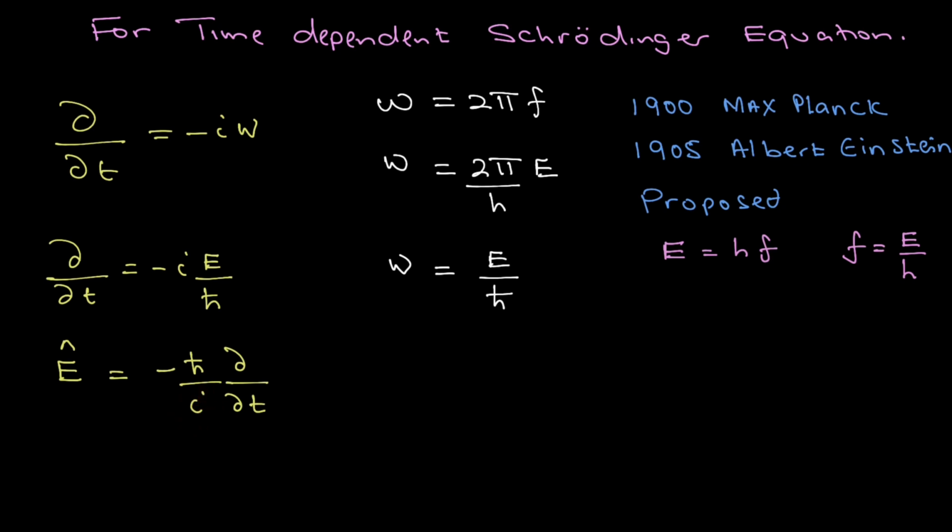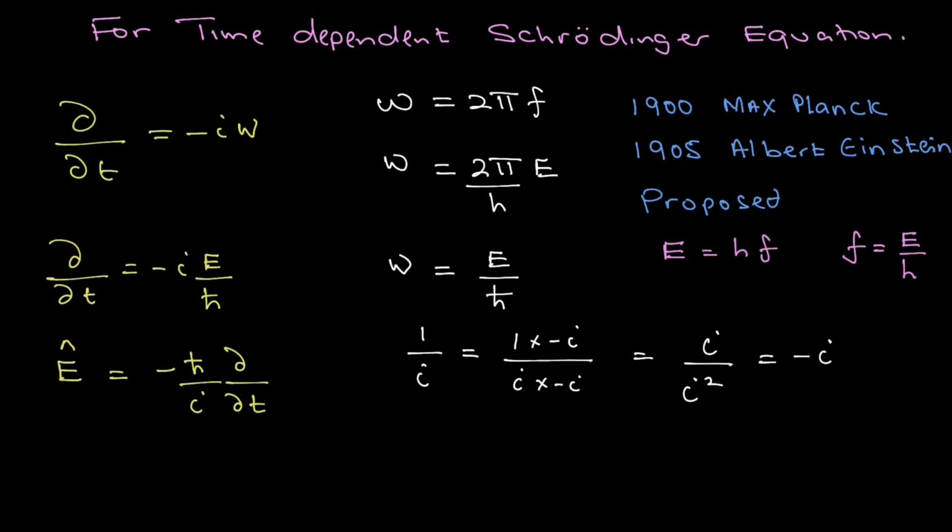So let's look at 1 over i, and that would be multiplied by 1 times minus i, the conjugate of i, divided by i times minus i. And minus divided by minus is plus, so I get i over i squared, which is minus i, because i squared is minus 1. So 1 over i is minus i.